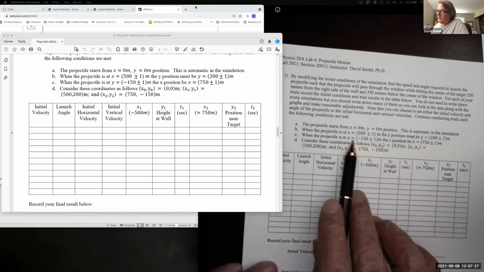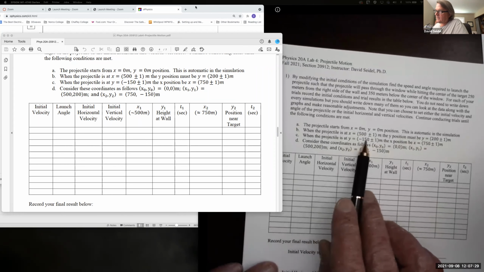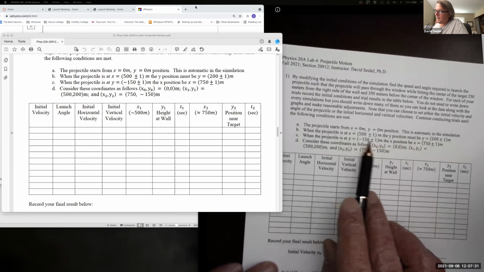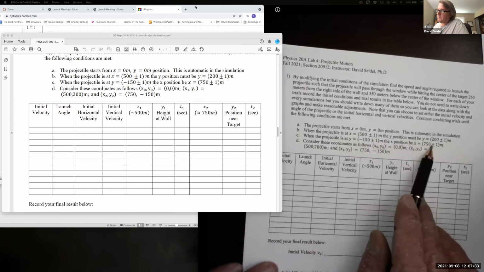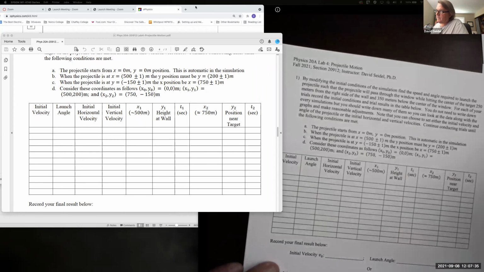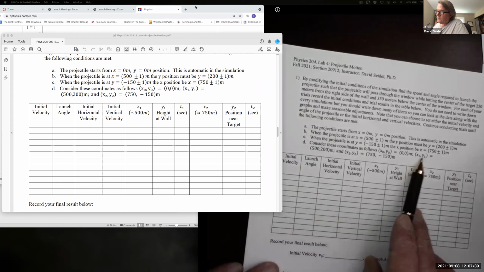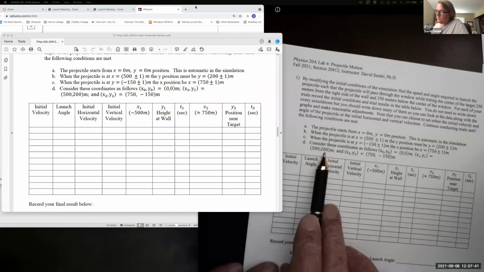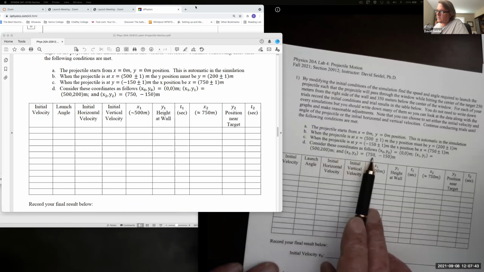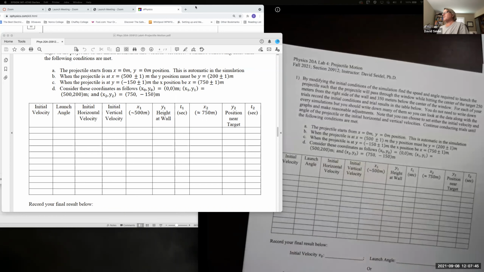When the projectile is at the Y position, not the X position, minus 150 meters, the X position must be 750 meters plus or minus 1 meter. So X1, Y1 is 500, 200, and X2, Y2 is 750, minus 150. Okay, and we're going to try to do this.